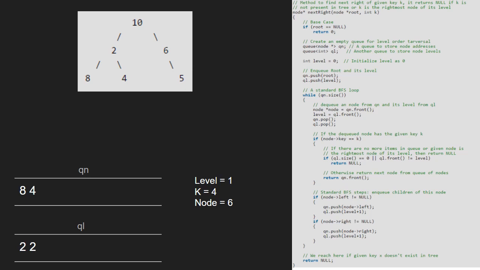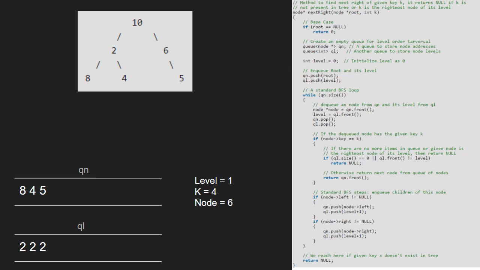Since 6 is not equal to 4, we enqueue the left and right child of node 6. As the left child of 6 does not exist, nothing is enqueued. Also, the right child of 6 is 5. So, we enqueue 5 into Qn. Now, we push level plus 1 into Ql. So, 1 plus 1 equal to 2 is enqueued into Ql.